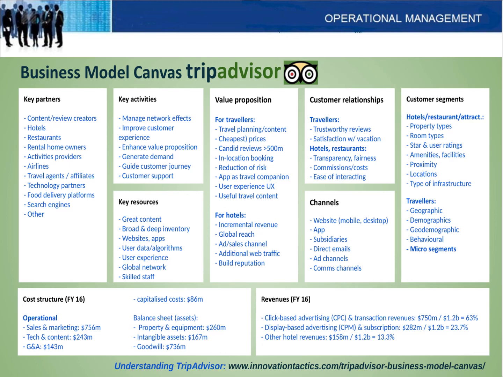For the revenue, TripAdvisor has click-based advertising, meaning that when people are browsing the website, once they click, they get paid. Then display-based advertising, and the other one is hotel revenues. They also have hotels.